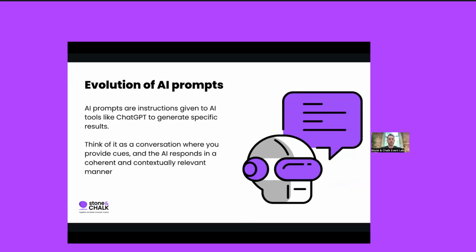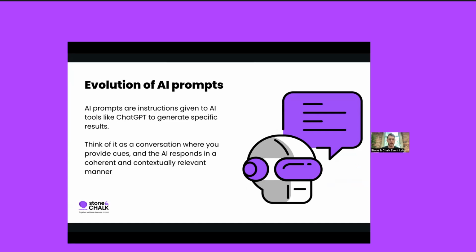First up, the evolution of AI prompts. So let's kick off by understanding the concept of what AI prompts are and how they've come to be what they are. AI prompts are essentially instructions given to AI tools like ChatGPT to generate specific results. Think of it as a conversation where you provide cues and the AI responds in a coherent and contextually relevant manner.